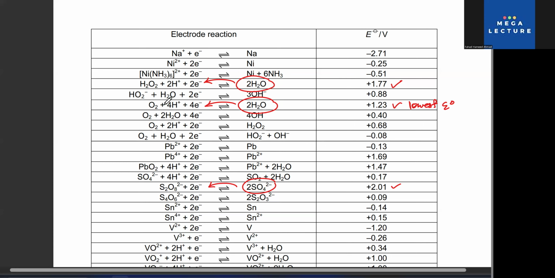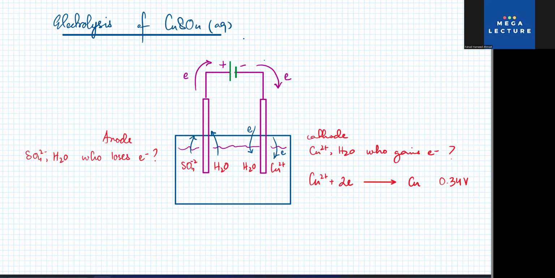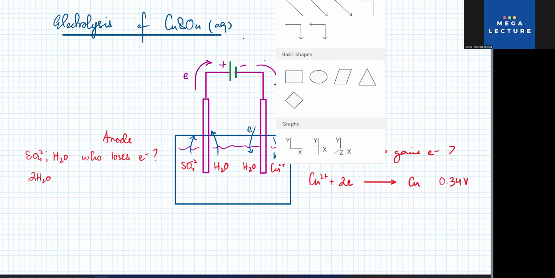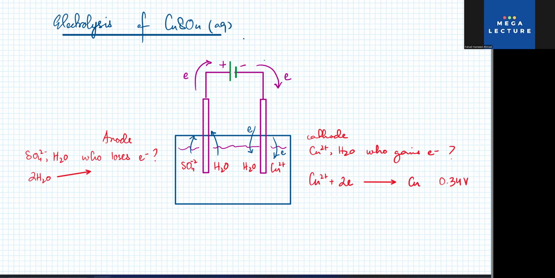It's water turning into oxygen and 4H plus 1 plus 4 electrons. And the E naught for this was, I think, 1.23 volts. Is that clear?